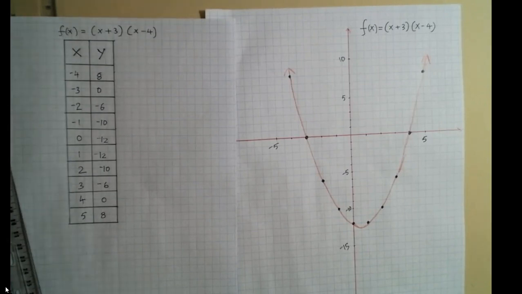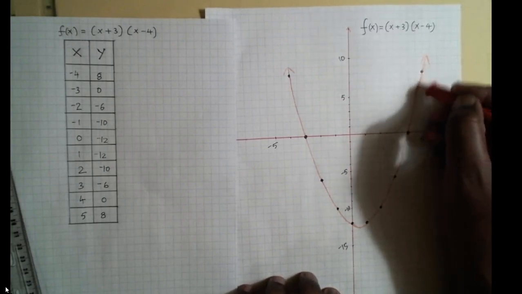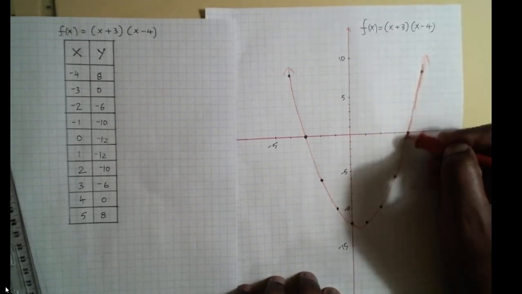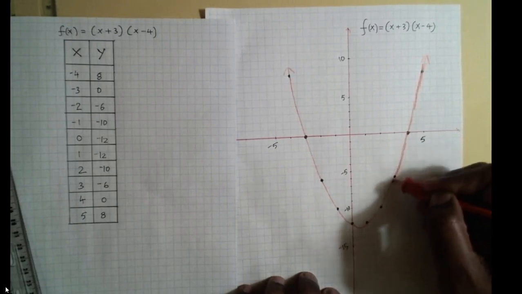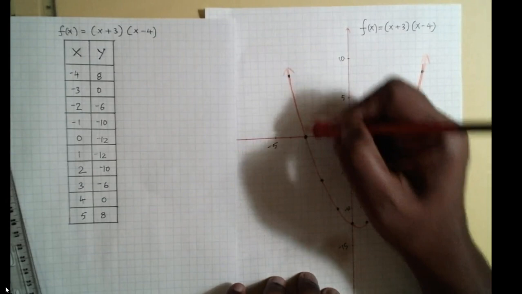Alright, this is the graph. Now what are the things that you can observe through this graph?